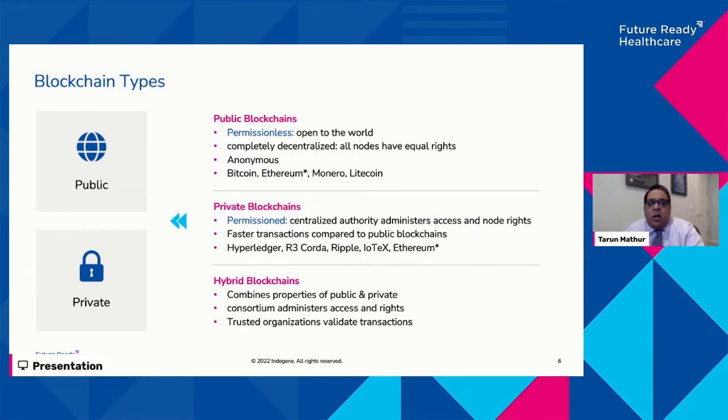And so here, there actually tends to be some sort of authority who can control who has access to the network, who's a member of the network, even their role within the network, and even have some control over how the consensus is achieved within the network. And while that sounds a bit contrary to the core philosophy of a blockchain in terms of pure decentralization, it does offer some advantages, especially in the enterprise space.